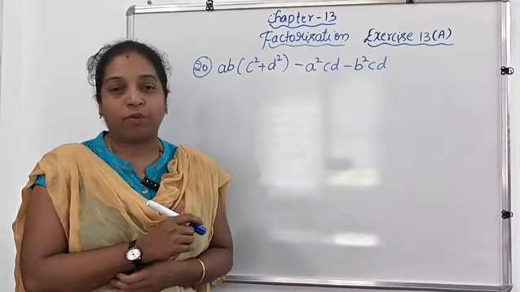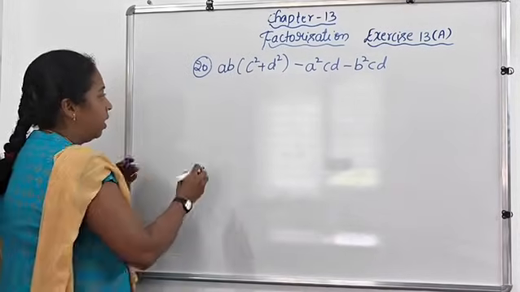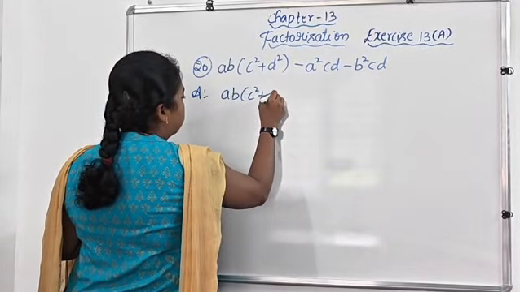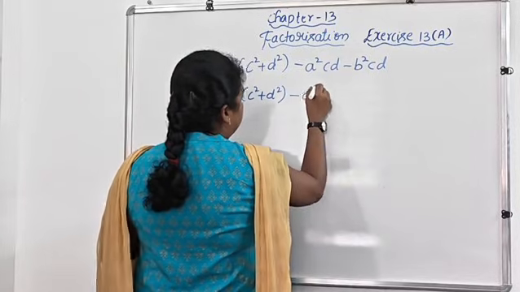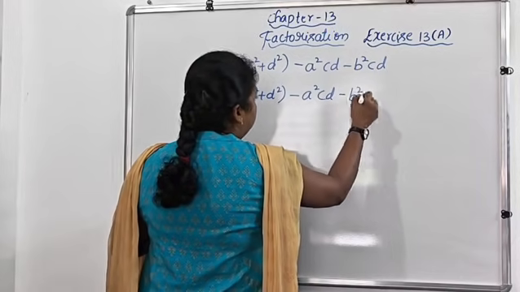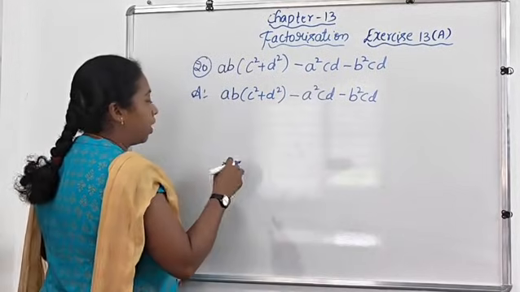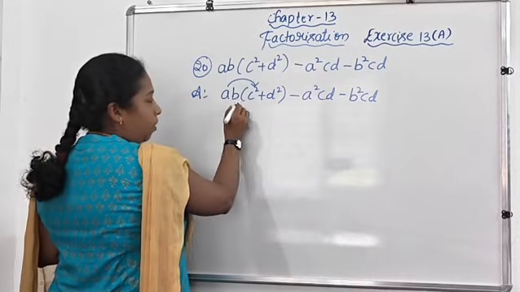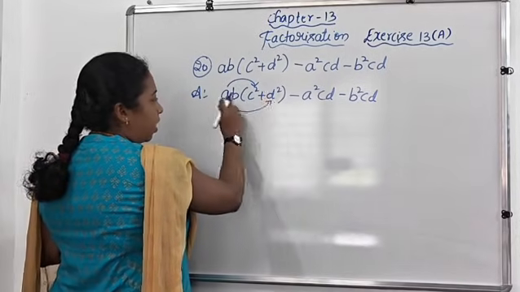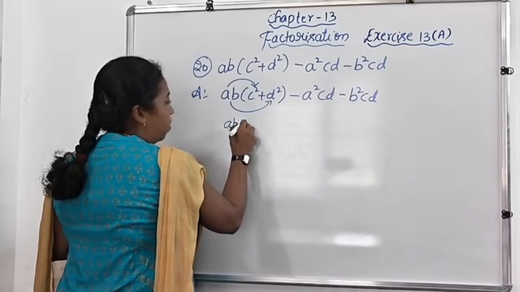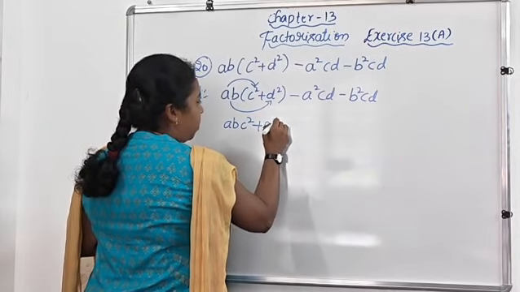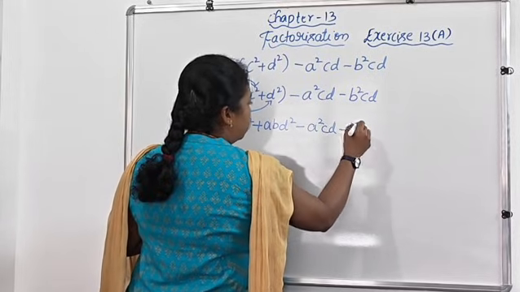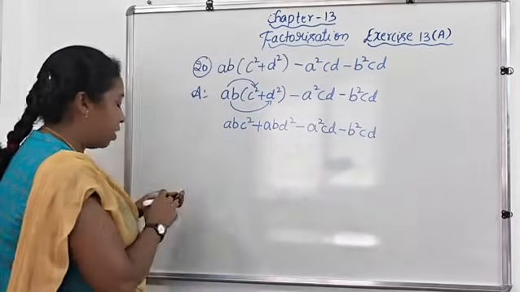square cd. Okay, so first we'll write down the question as it is: ab into c square plus d square minus a square cd minus b square cd. Okay, so now we'll multiply this. ab into c square plus ab into d square minus a square cd minus b square cd.